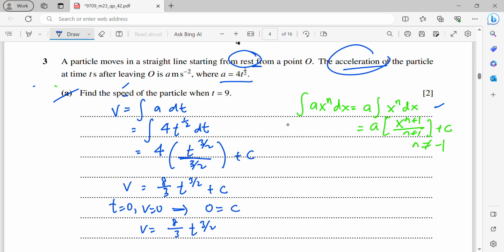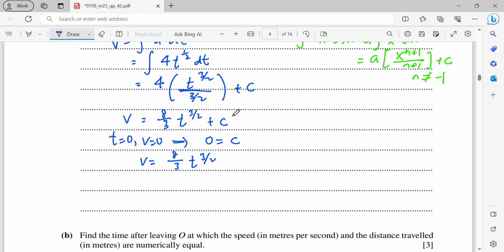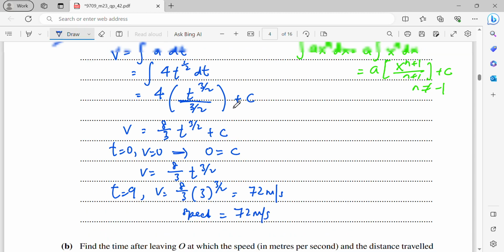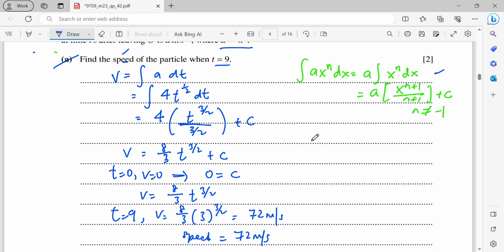Now you need to find the speed when t equals 9. So you substitute t equals 9 first. If it is negative, just put the modulus. Otherwise, that will be your speed. From here, when you simplify, it will be 72 meters per second. So I will just write the speed is 72 meters per second. Okay, that's the solution for A.